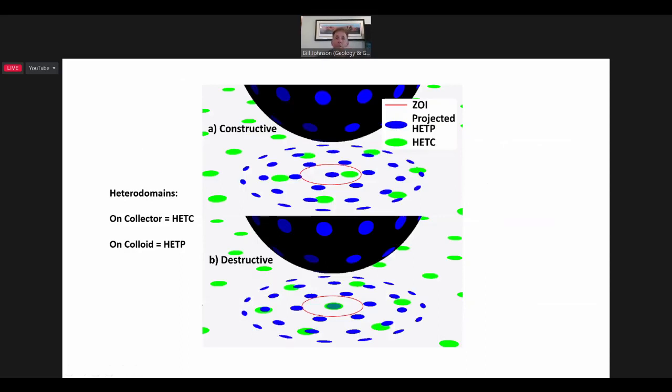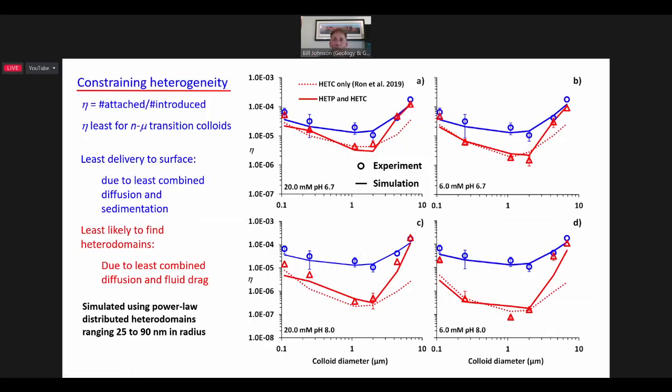So finally, we can have heterodomains not just on the collector, but also on the colloid. We can track whether the projections of those interactions are constructive, additive, or whether they're destructive, overlap, and actually cancel one another. We have all this in our simulations in this freeware we call Party Suite.